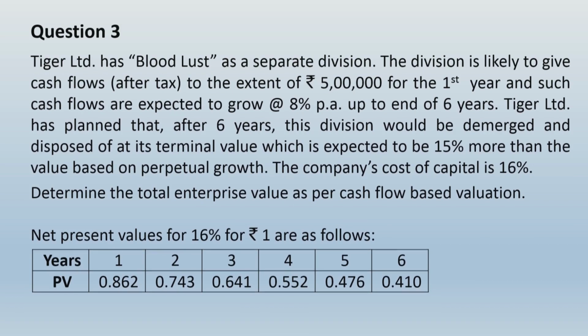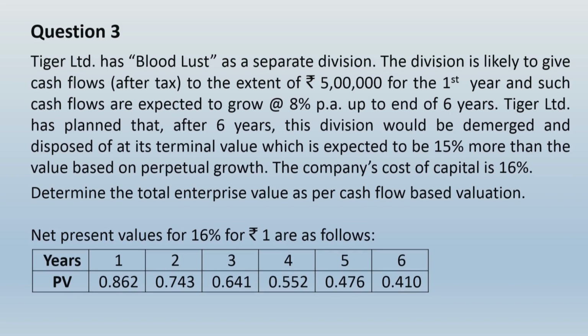Tiger Limited has planned that after 6 years, this division would be demerged and disposed of at its terminal value, which is expected to be 15% more than the value based on perpetual growth. The company's cost of capital is 16%. Determine the total enterprise value as per cash flow based valuation.